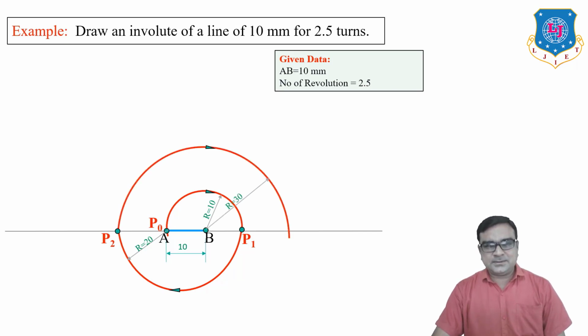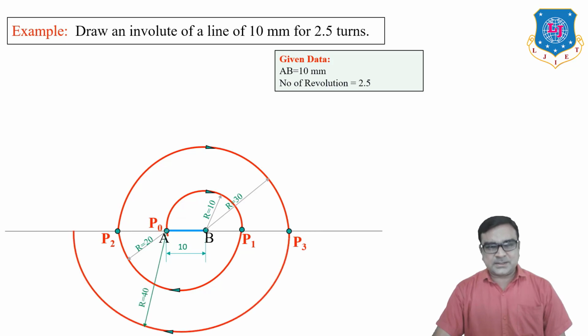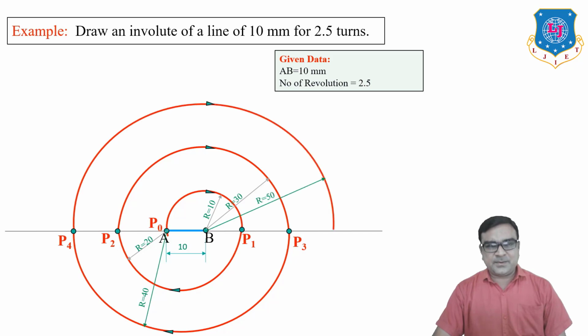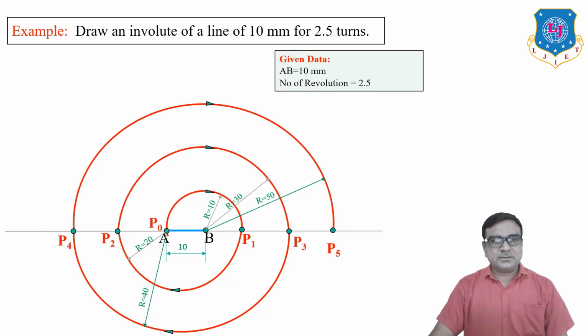Then extend by taking B as center, 30 mm radius, and draw a semicircle. Then A as center, 40 mm radius, another semicircle. And B as center, 50 mm radius, another semicircle. So this curve is known as the involute of a line for 2.5 revolutions.